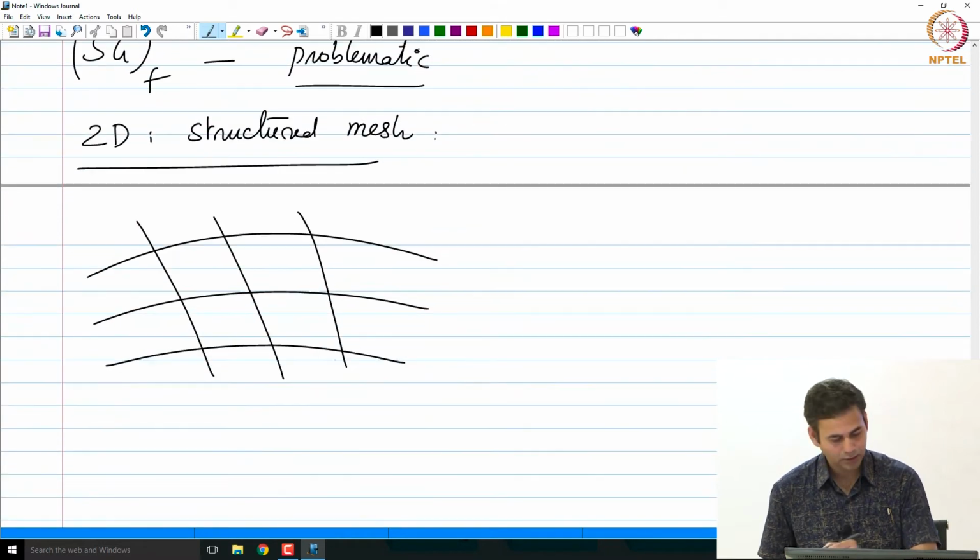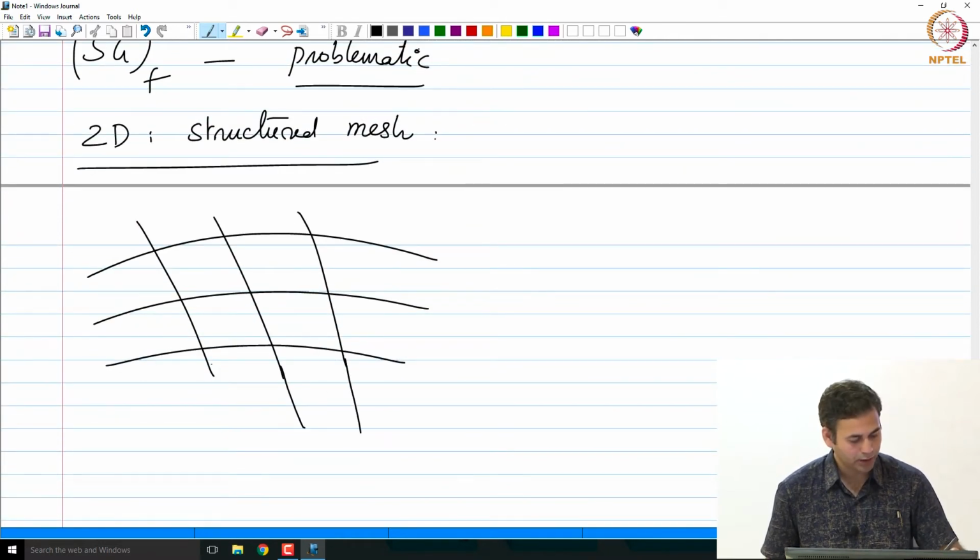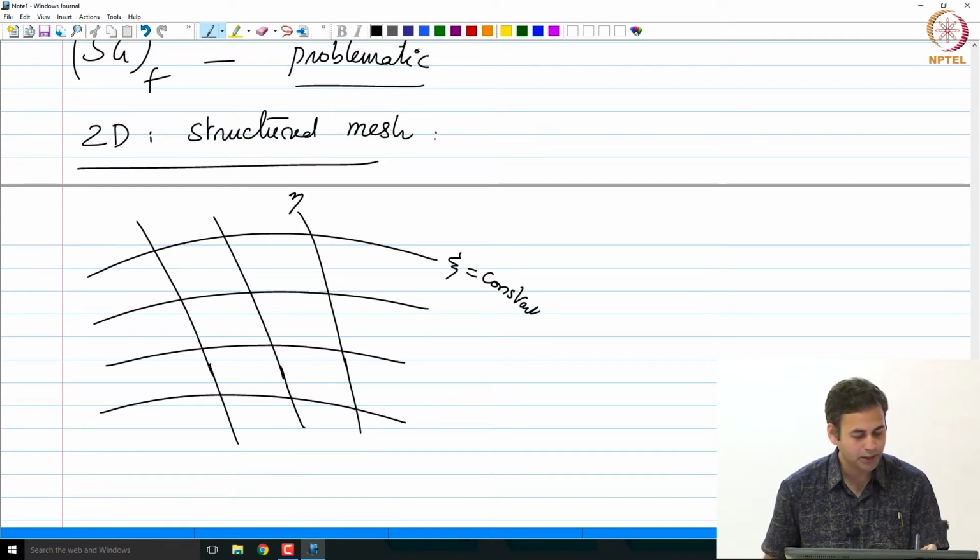Essentially, these are xi equal constant and these are eta equals constant lines. These will define our cells. These are our C0, C1, or east and west and so on, and we are interested in calculating the gradient on this face in this direction, that is our eta direction.